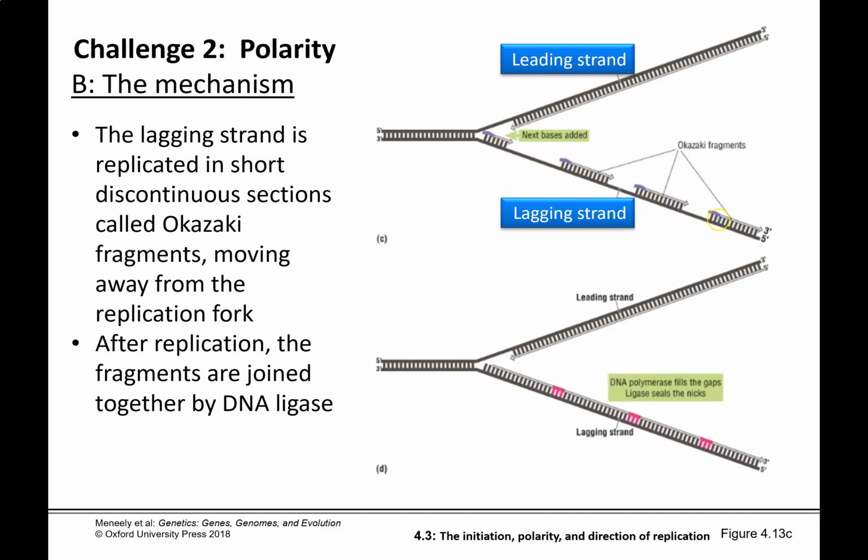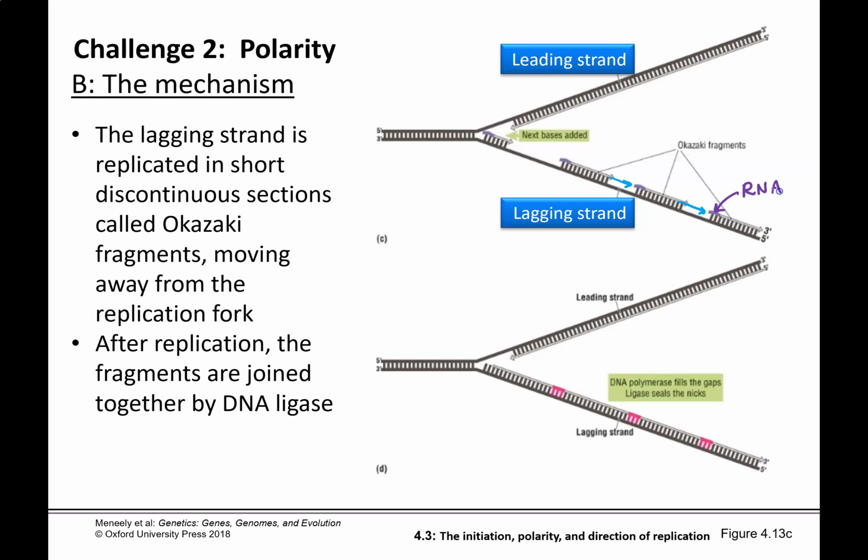So on the lagging strand, we can see now that we have these fragments, and we'll continue to produce fragments as long as that leading strand and helicase are opening up that fork. So all of these Okazaki fragments now are going to continue their extension until they bump into the next fragment on the line. But these are our RNA primers here, the little purple spots.